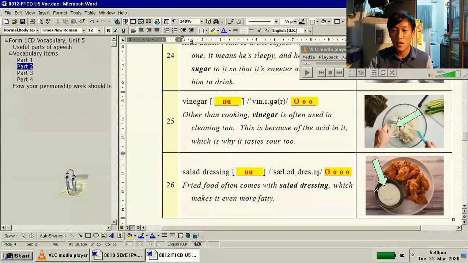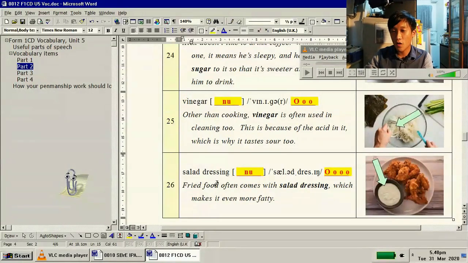This one. Fried food often comes with salad dressing, which makes it even more fatty. So fried food makes you fat, right? It is a kind of fatty food. Fried food, for example, fries and fried chicken, foods you find in McDonald's and KFC.